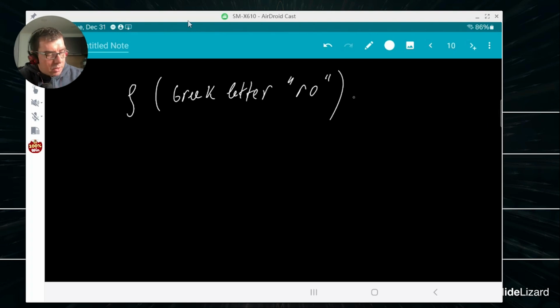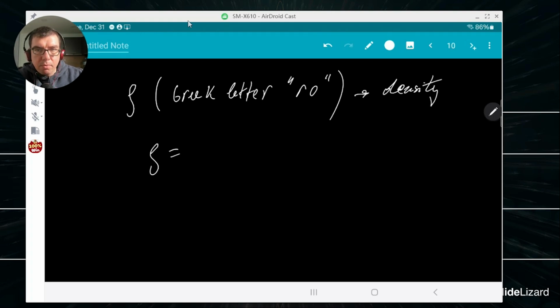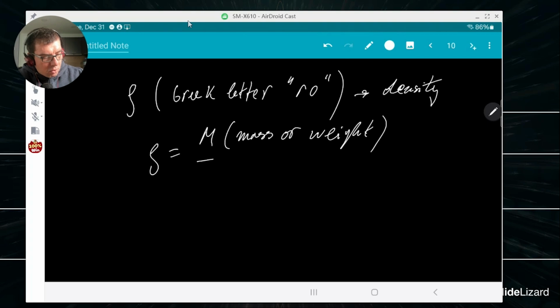So this is density, and the density is simply the ratio, or the quotient, between the mass or the weight over V, the volume.